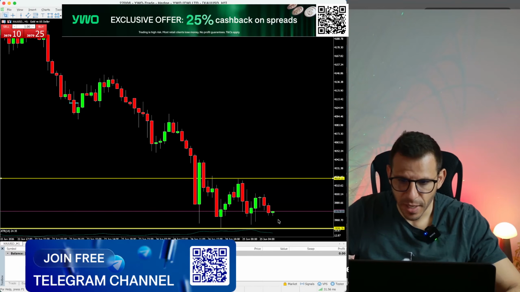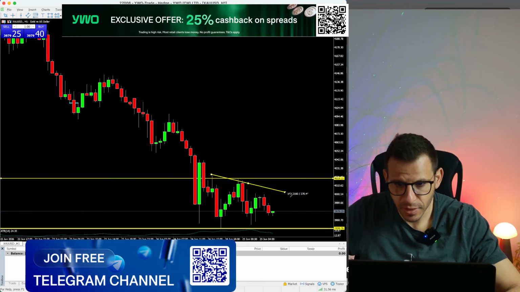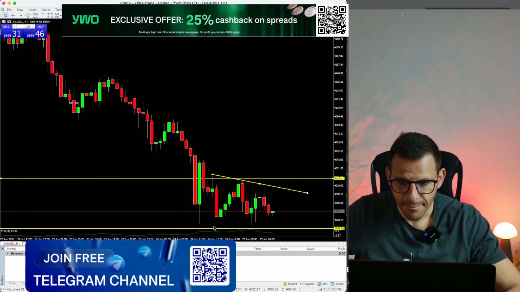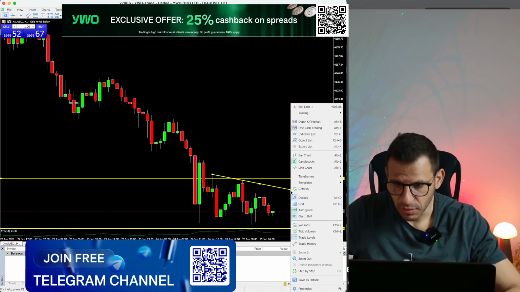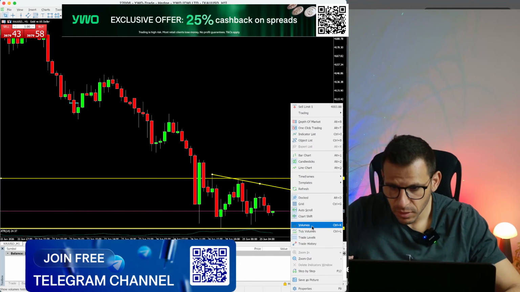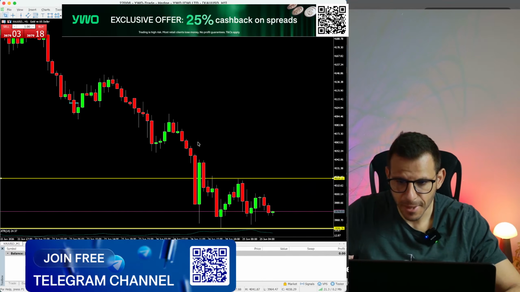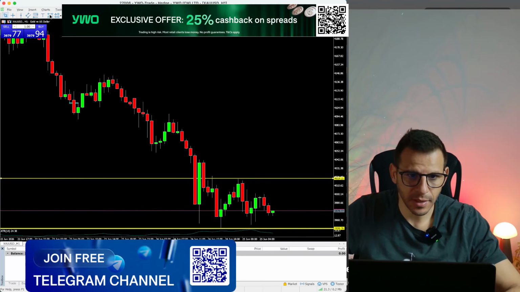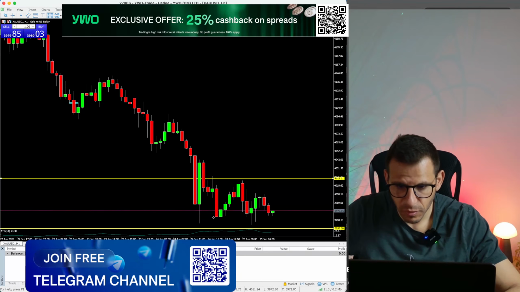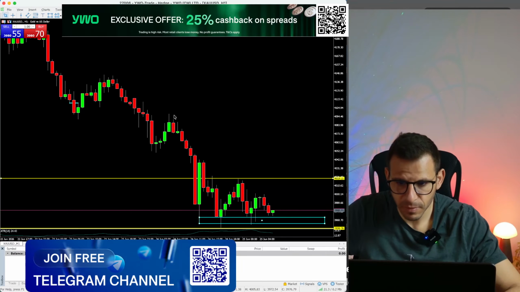And this is the range of the hourly, which we can see a nice descending triangle here. So the hourly is down with a demand zone formed at this level.